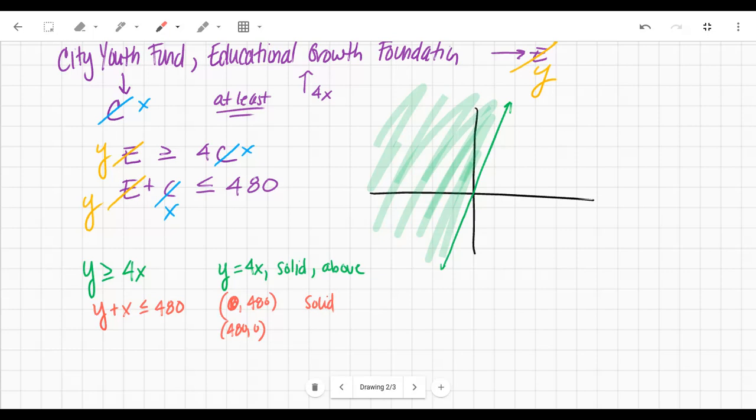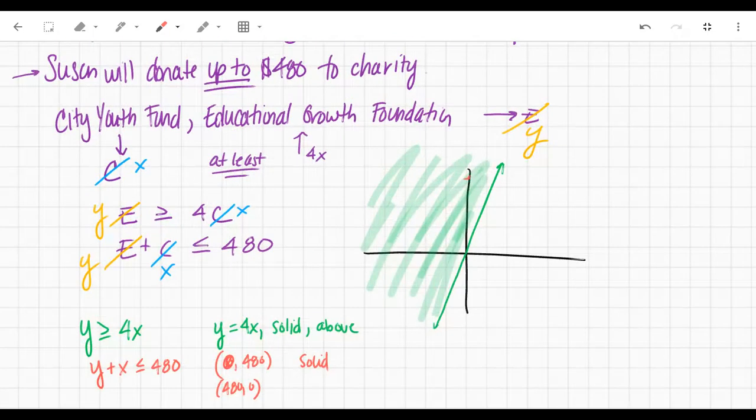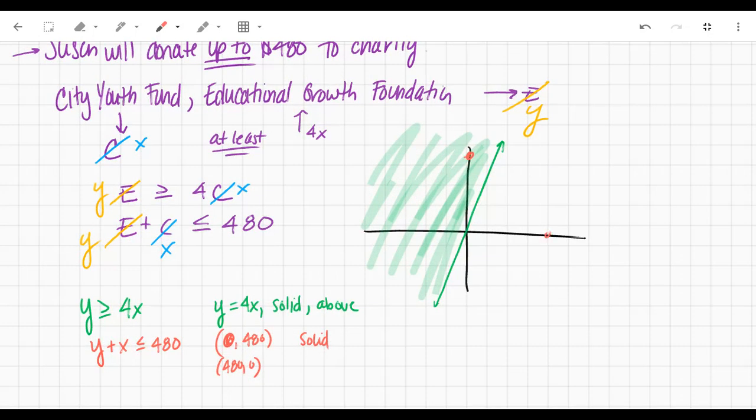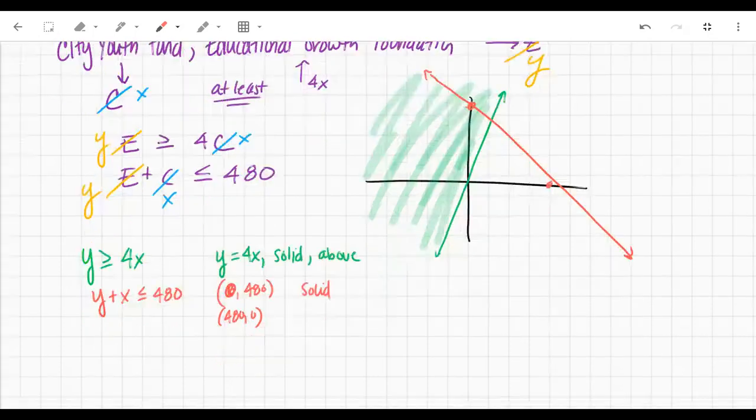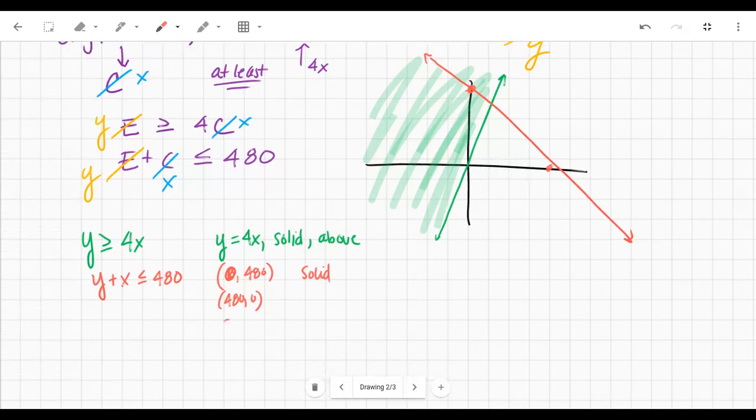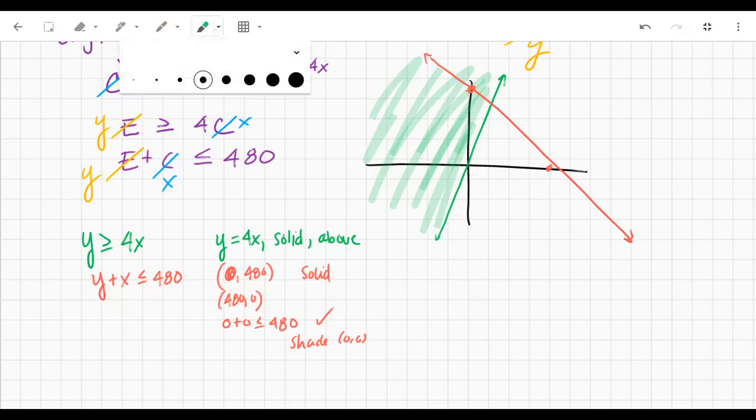So (0, 480), and (480, 0). Solid line. And now we're going to figure out if we shade (0, 0) or not. Okay, so 0 plus 0 less than 480? It is. So we'll shade (0, 0). So we would shade here.